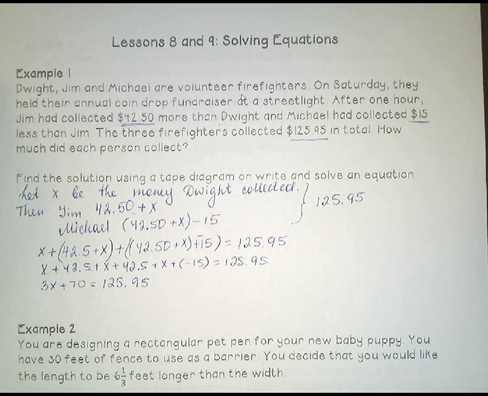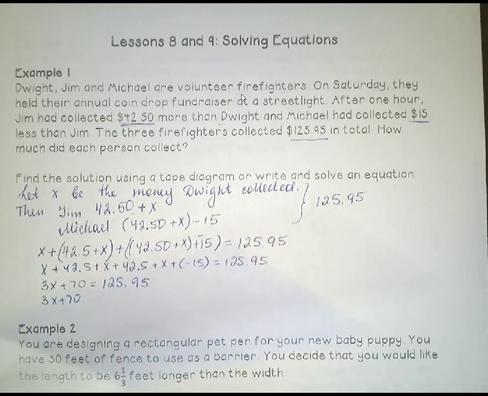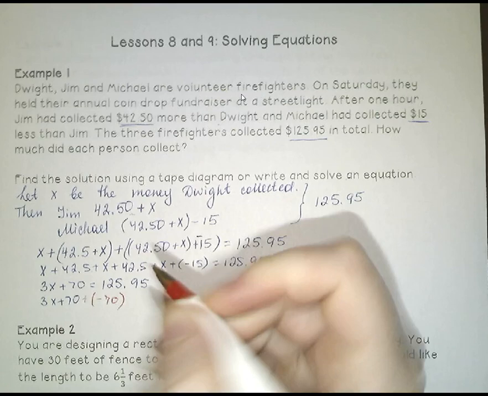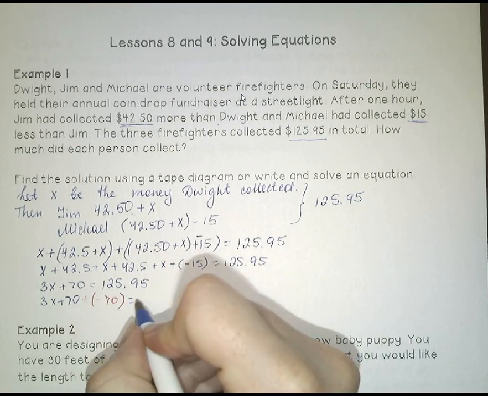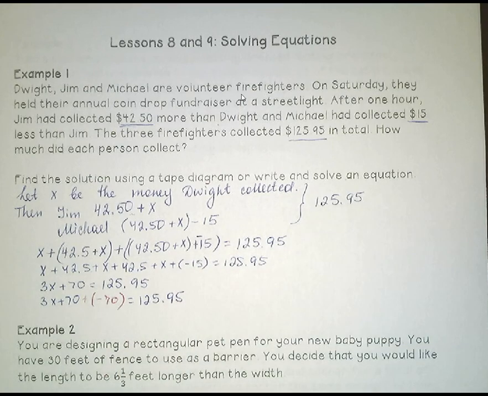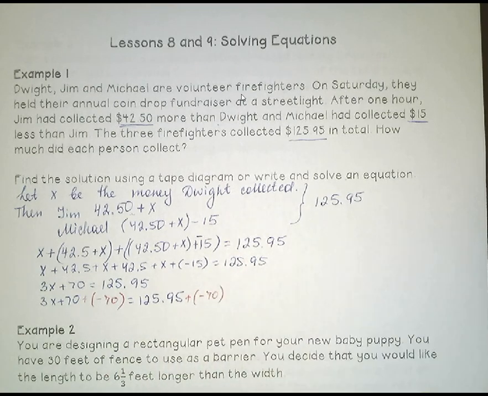And first thing we want to do is to add negative 70 to both sides of the equation to get rid of it. So 3x plus 70 plus negative 70 equals 125.95 plus negative 70 as well.